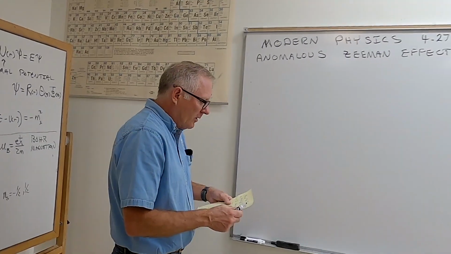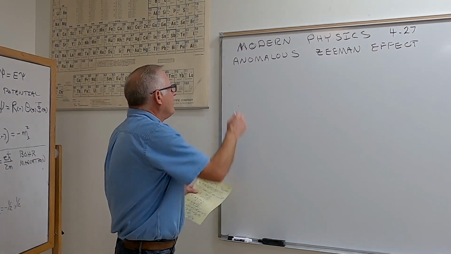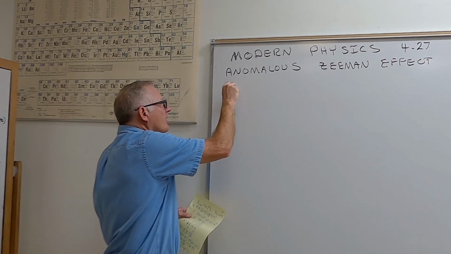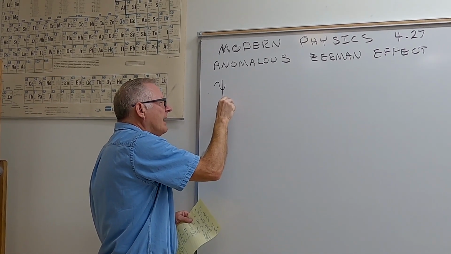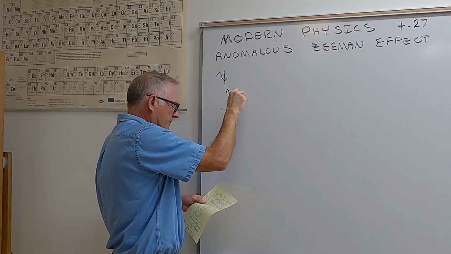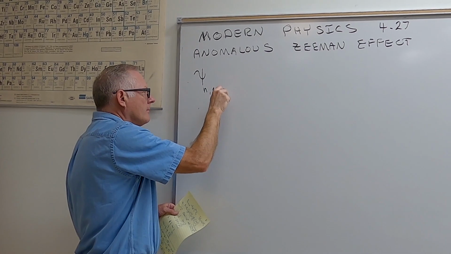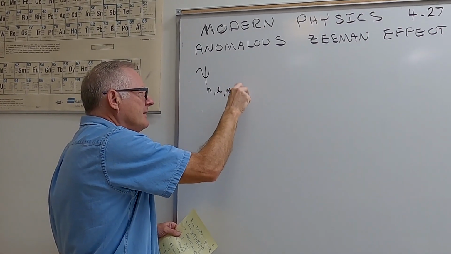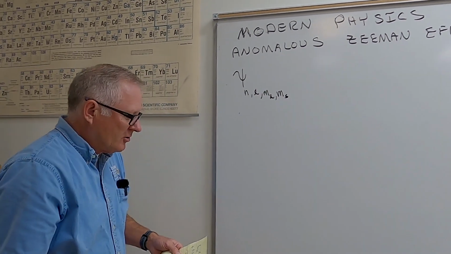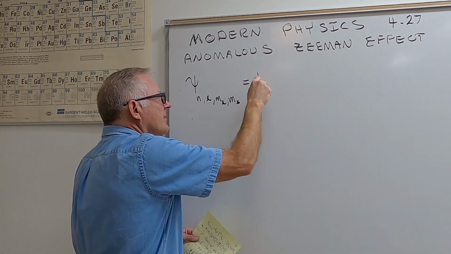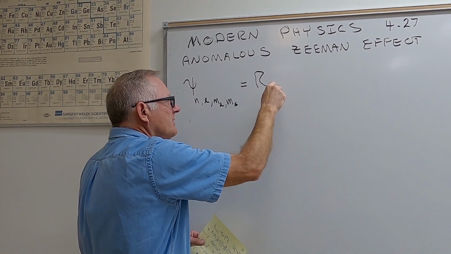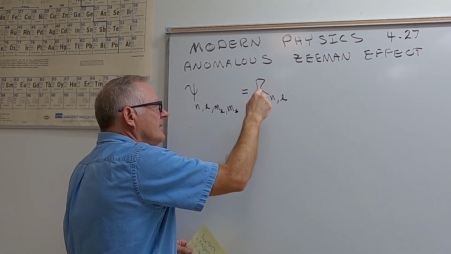So first I just wanted to work out an example. Now we have some state, and now we have four quantum numbers: n, l, m sub l, and m sub s. Suppose this is some radial function, which depends on n and l.